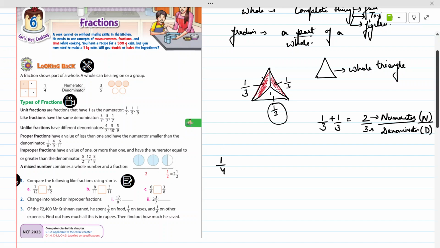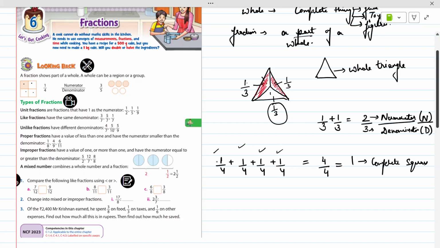Each part is representing 1 by 4. And if you add them all together, you will get 4 by 4, which is equal to 1. That means one complete square, which we have divided into 4 equal parts denoted by these 4 fractions.